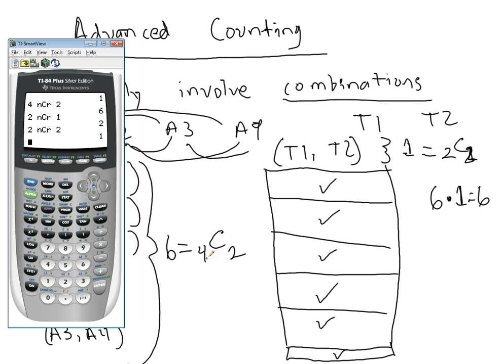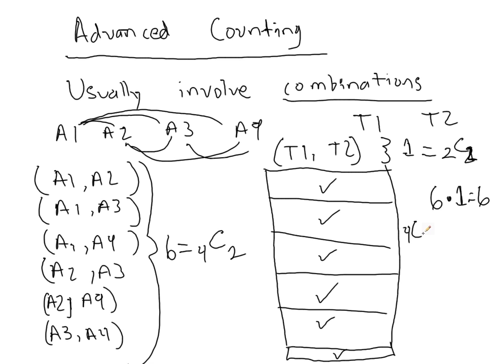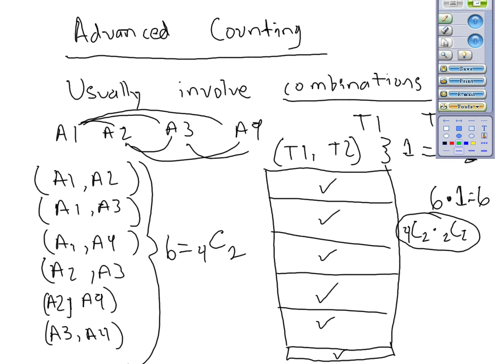So what did we actually do here? We took 6 times 1 equals 6, which is the same thing as 4 choose 2 times 2 choose 2. So we can multiply combinations together when we're grabbing a subset of the group.